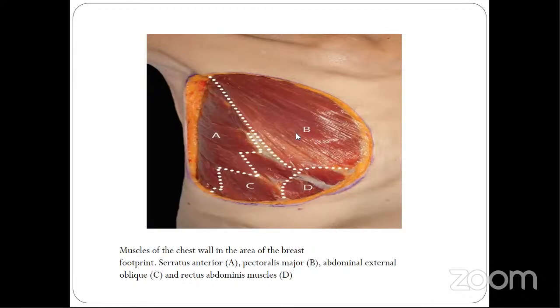So the borders of the breast: lateral is the sternum, medial is the mid-axillary line, above is the second rib, below is the sixth rib, and posteriorly we find the fascia of pectoralis major, serratus anterior, external oblique, and rectus abdominis muscle.